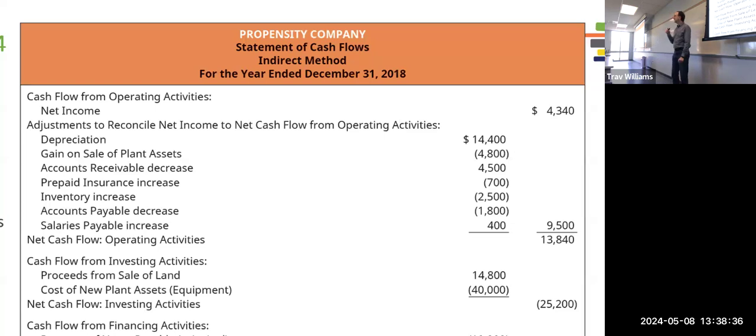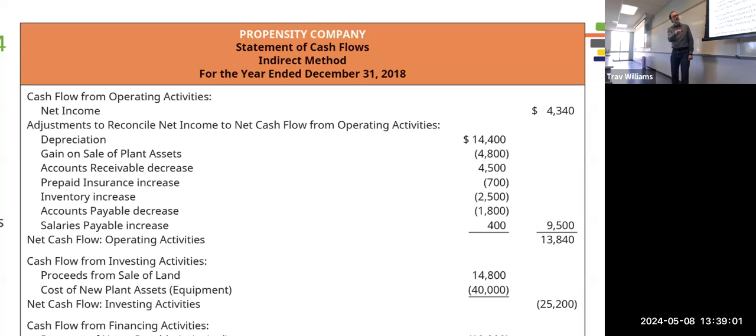Okay, remember I said with changes in our short-term assets, like accounts receivable, cash does the opposite. Accounts receivable is going down, cash goes up. Prepaid insurance, which is also an asset, is going up, cash goes down.